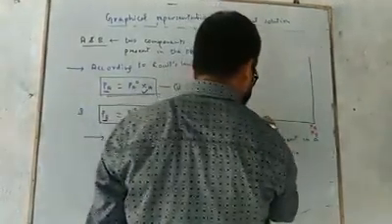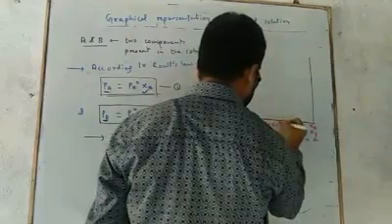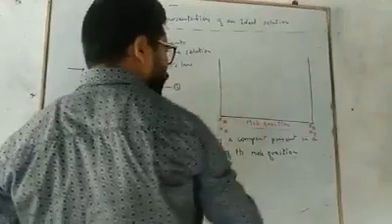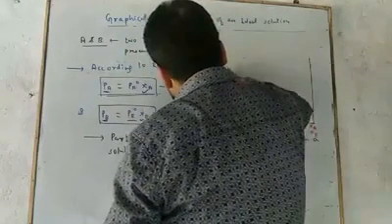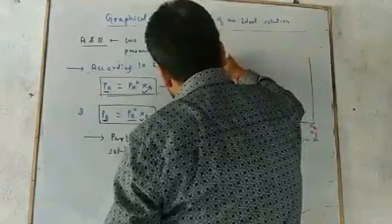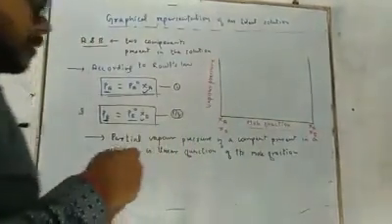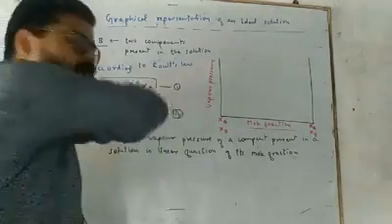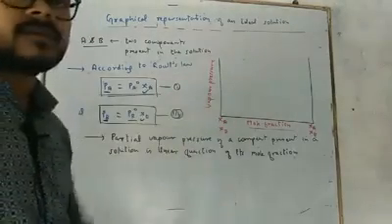This axis is showing mole fraction, and this axis is showing vapor pressure. So we have two equations, equation 1 and equation 2, and we have to plot these equations in terms of a graph.